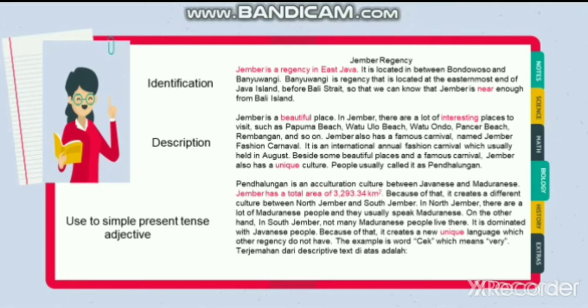Apart from that, the text also has a structure and characteristics in accordance with the structure and characteristics possessed by the descriptive text.